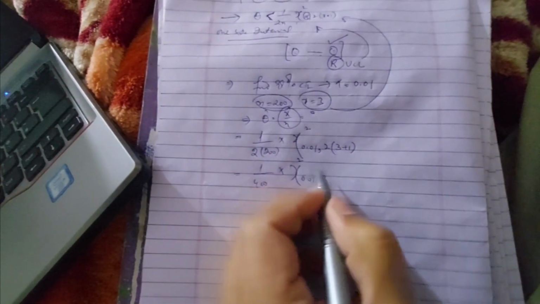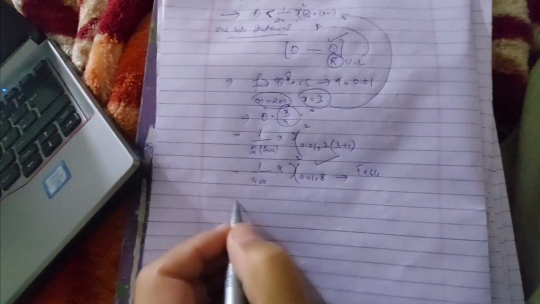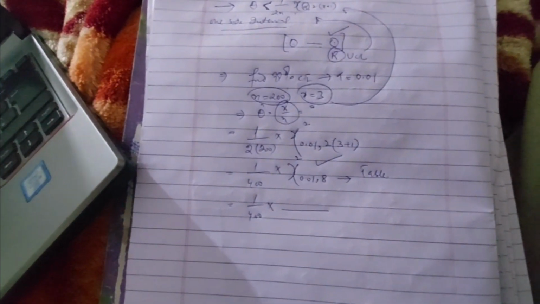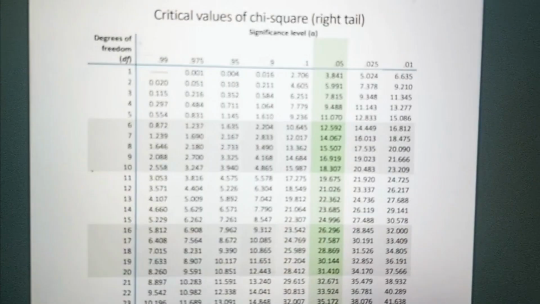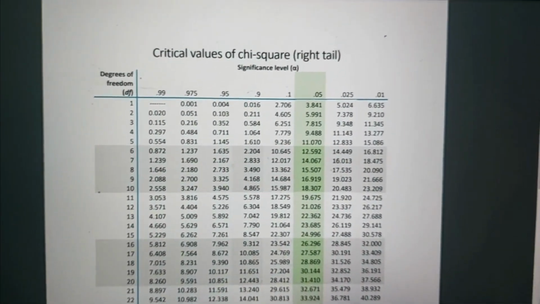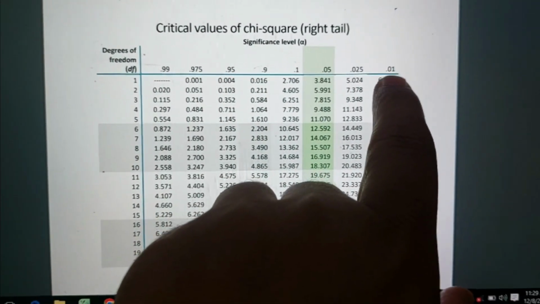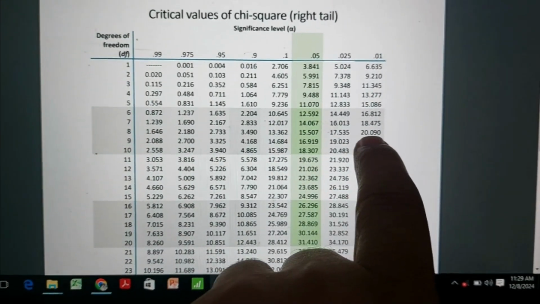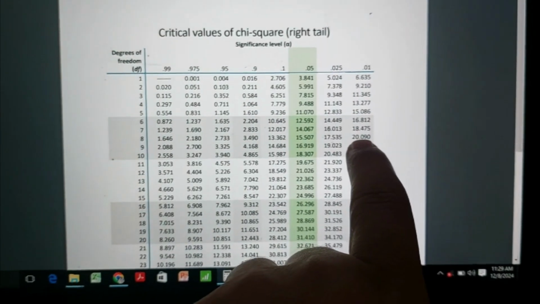So let's find this chi-square value from the table. The value for chi-square 0.01 and degree of freedom 8, we get 20.090.